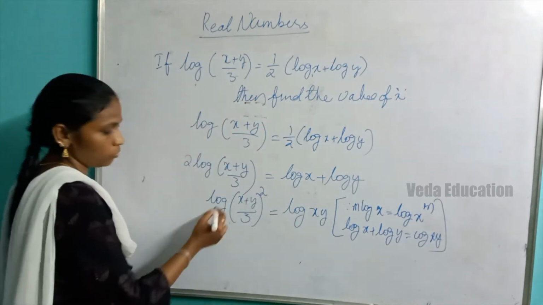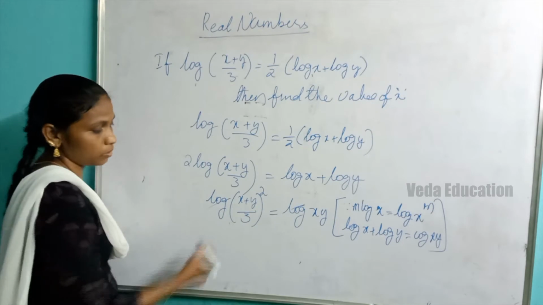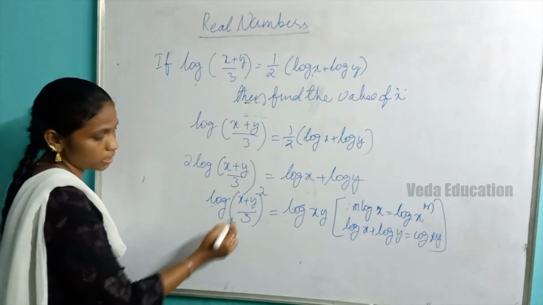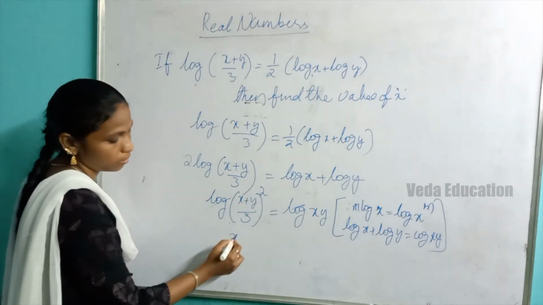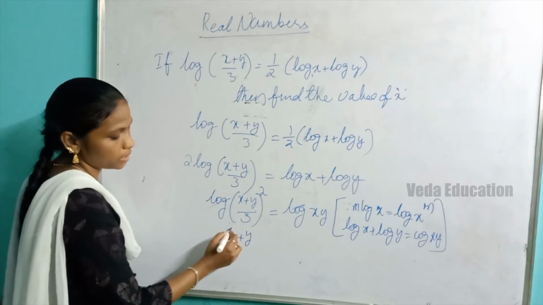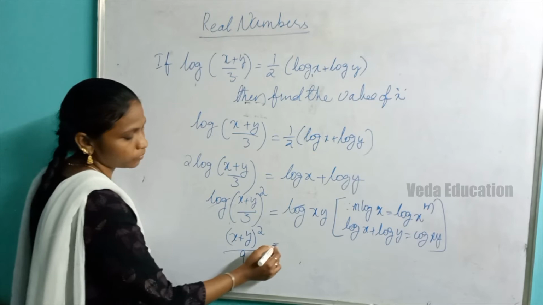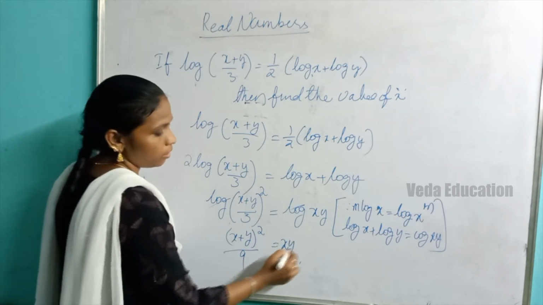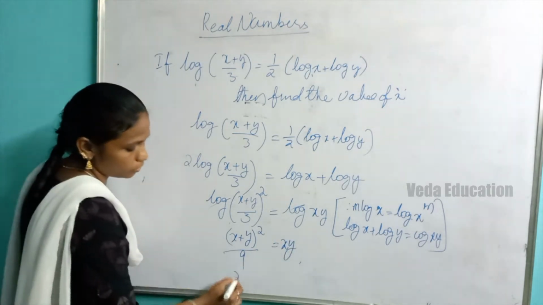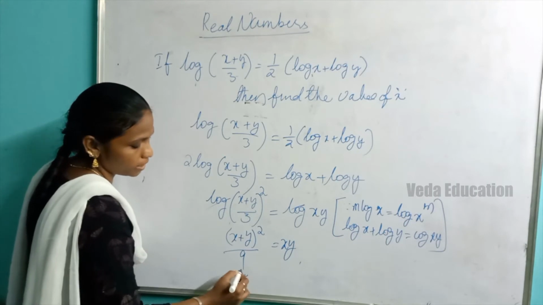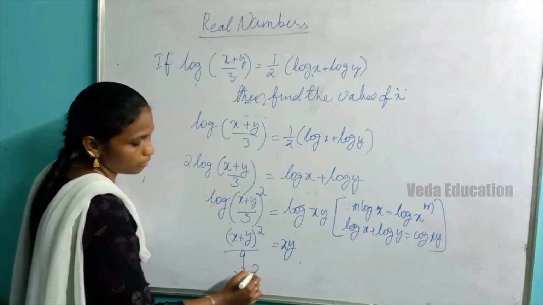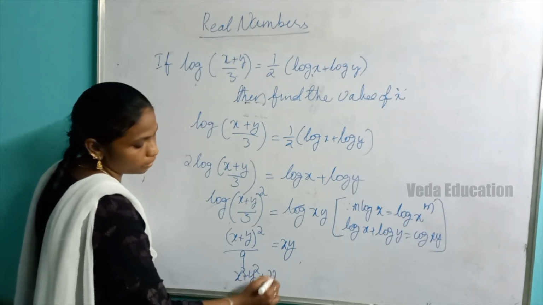Okay. Now these two sides we have the logarithm, so cancel it. Now what is left: (x plus y) whole square. So apply the square to both bases. (x plus y) whole square by 3 square is 9 equal to xy. Now transfer the 9 xy to here. (x plus y) whole square is x square plus y square plus 2xy.